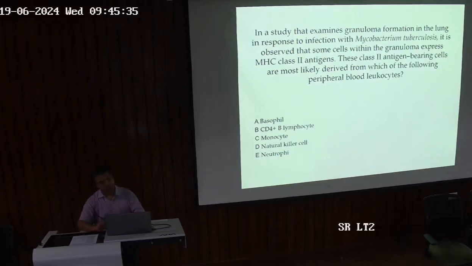Basophil, CD4 positive B lymphocyte, monocyte, NK cells, and neutrophil. Macrophages are of the line of monocyte. We combinedly call it monocyte macrophage system. So they develop from the monocytic lineage.